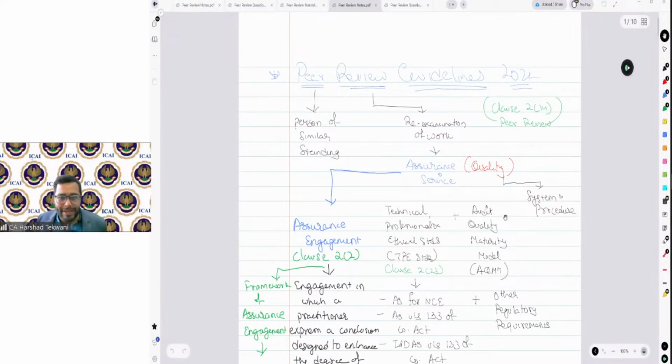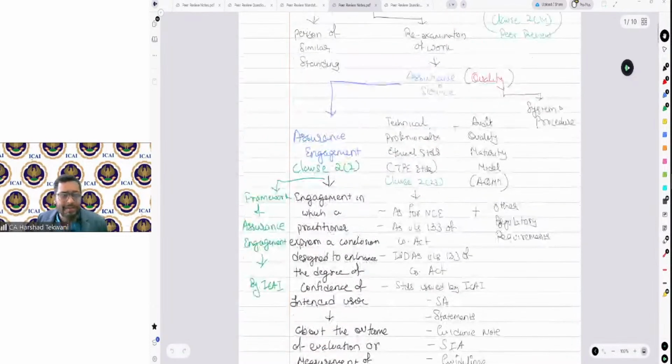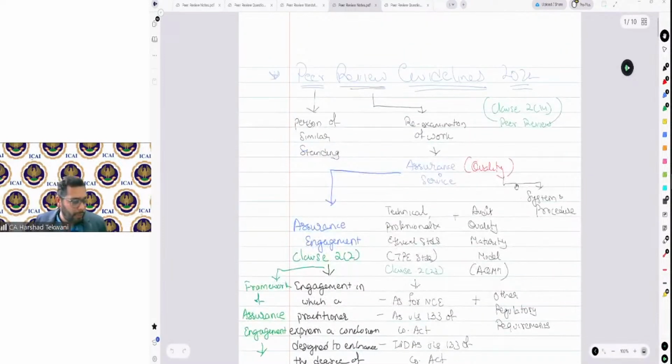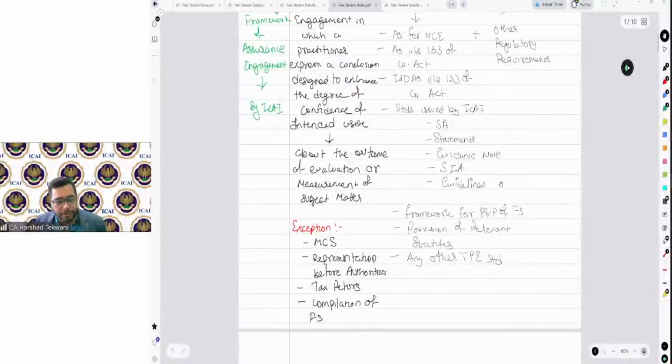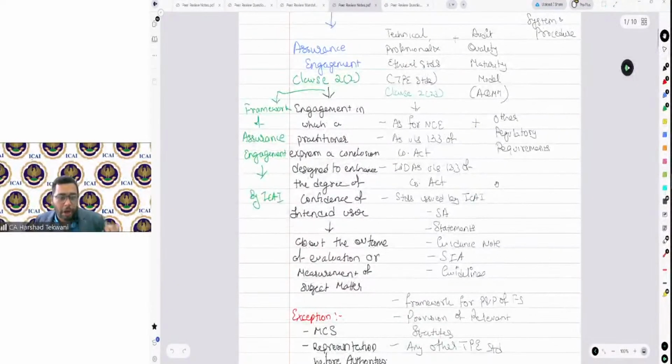Just to give you a quick summary: we discussed what peer review is, the assurance engagement, the definitions of technical, professional, and ethical standards, audit quality and the maturity model requirements. Then we also discussed the exceptions to the assurance engagement.